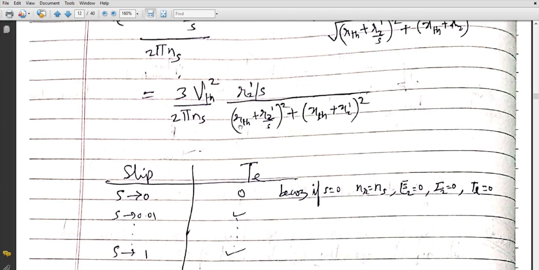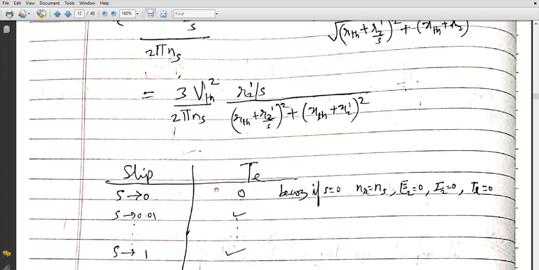You can see from this expression also: take r2 dash by s common, so here you'll get r2 dash by x whole square, then the r2 dash by s terms get cancelled out, and there's one r2 dash by s, then s goes upwards, and substituting s equals 0, torque equals 0. You can do it on your own from this. Okay, fine. For s equals 0, torque equals 0.